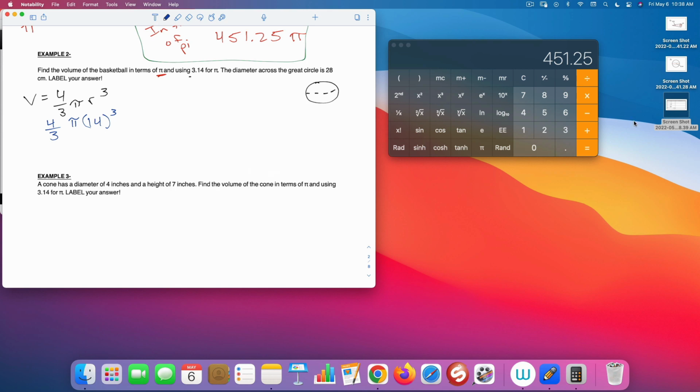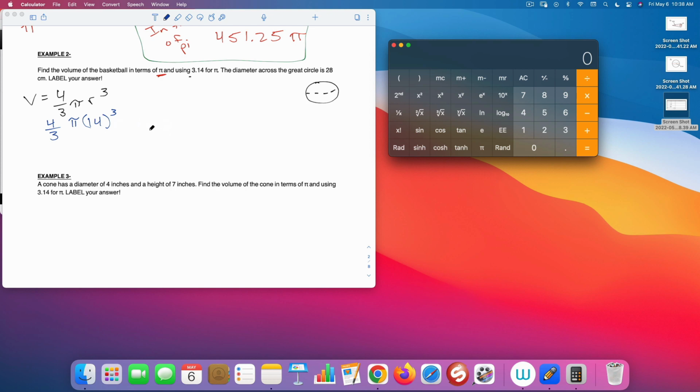So when I plug this in, I'm going to do 4 times 3.14 times 14 to the third power equals, did you guys get that? No? Adi, what did you get? Okay, I did something wrong because I did the 14. Oh, divided by 3. Okay.